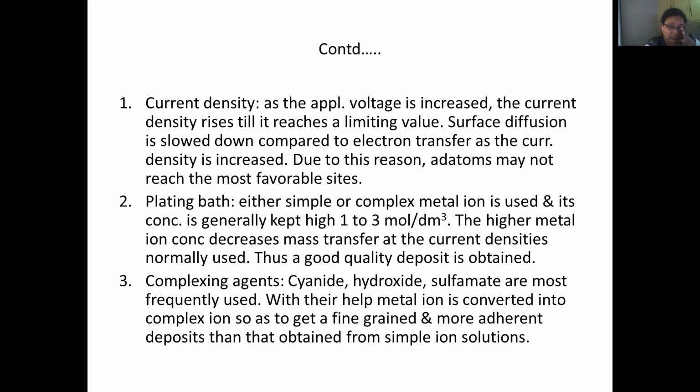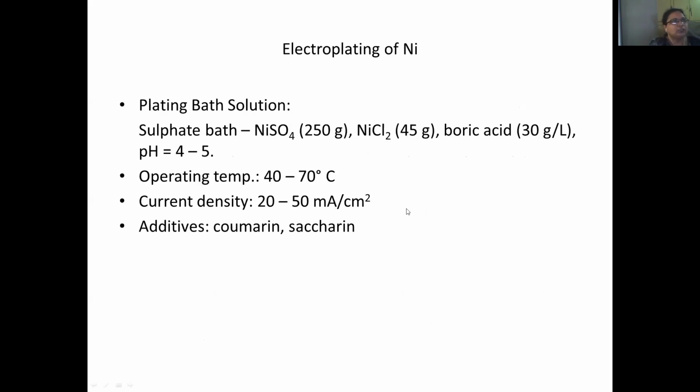The higher metal ion concentration decreases the mass transfer at the current densities normally used. Thus, a good quality deposit is obtained. And complex reagents like cyanide, hydroxide, sulfonate are most frequently used. Now, coming to the electroplating of nickel.